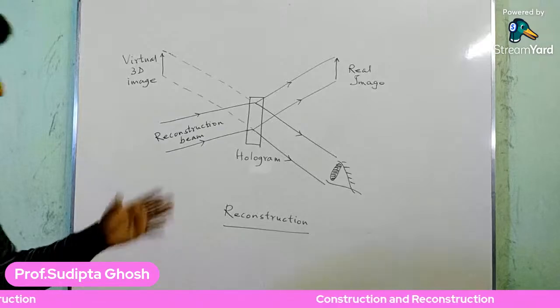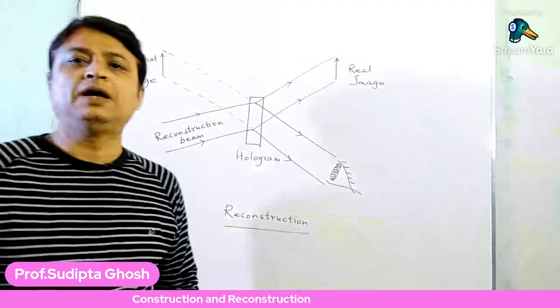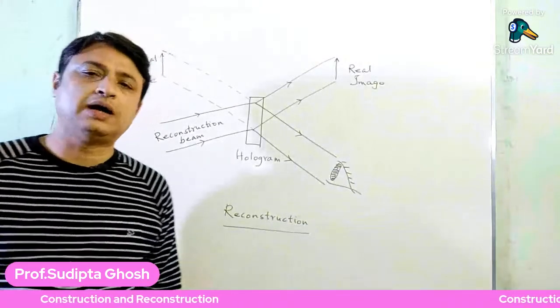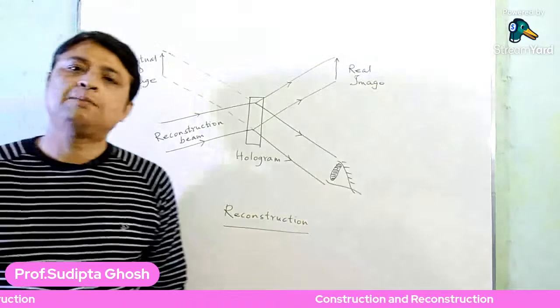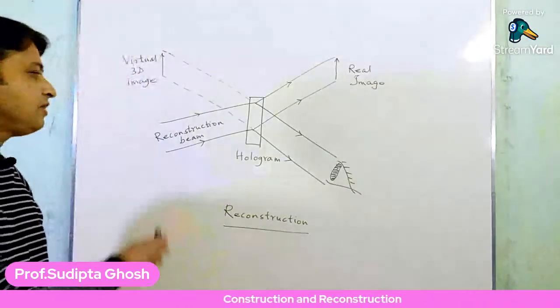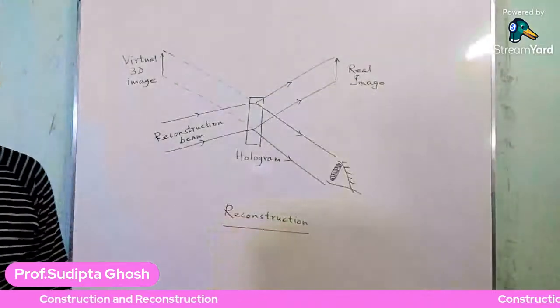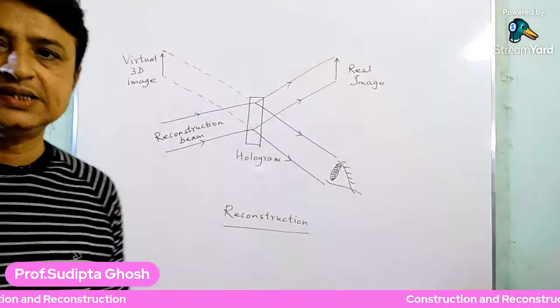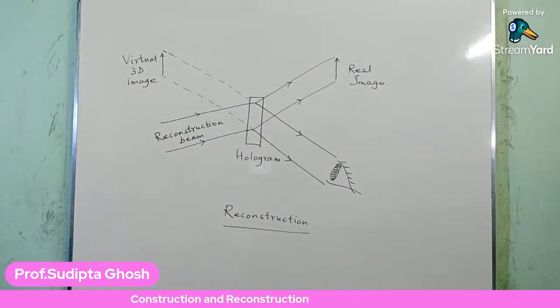Again I am repeating this process of reconstruction. While reconstructing the hologram, we have to illuminate the hologram by the reconstruction beam, which is usually of the same wavelength as the original beam.